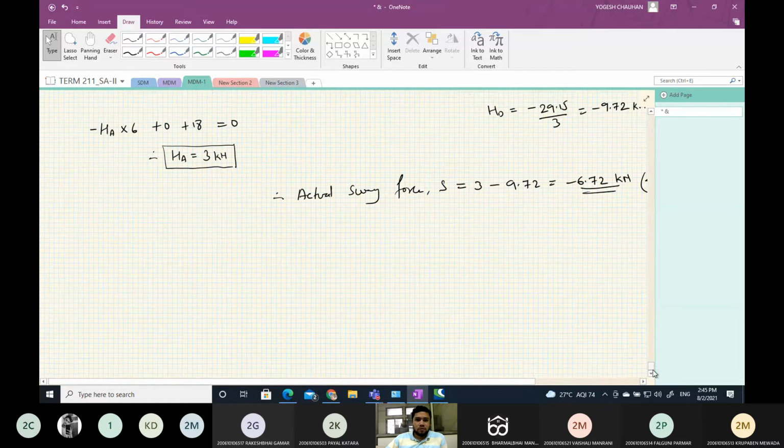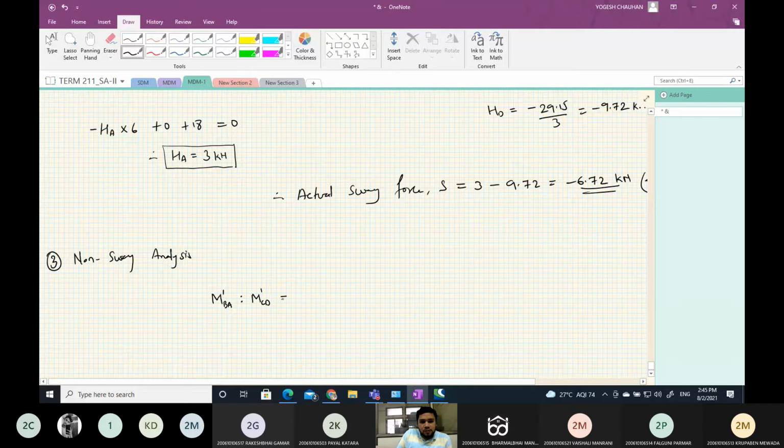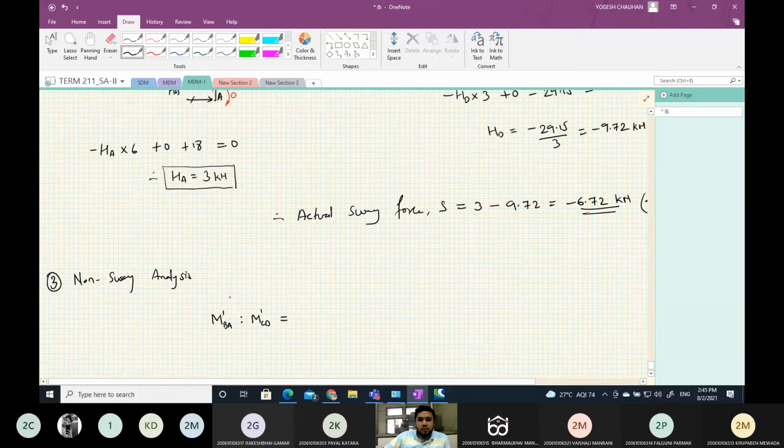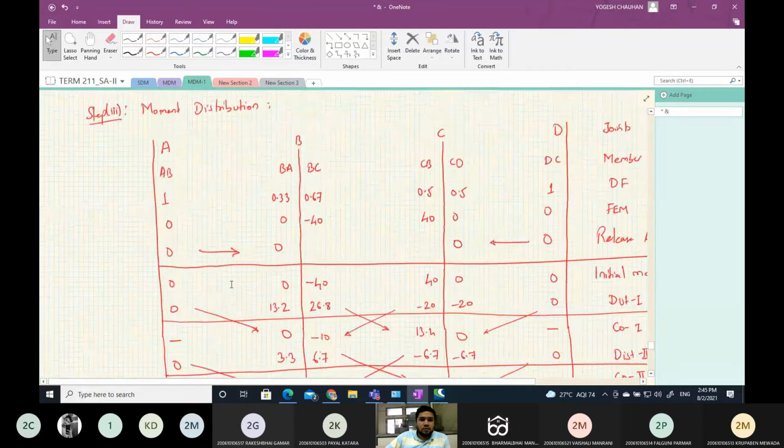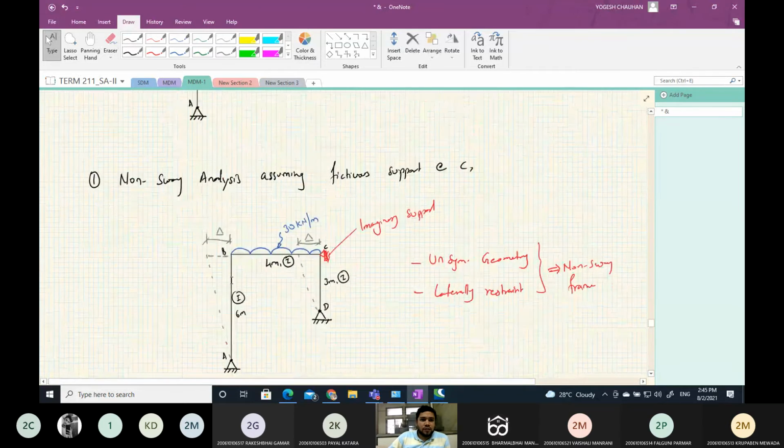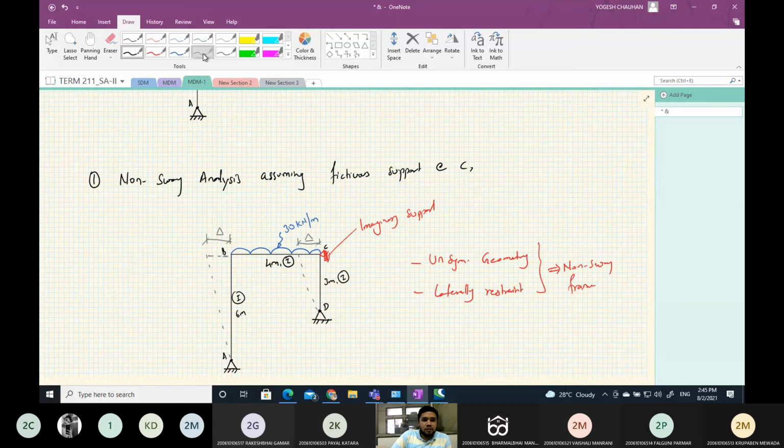Now the third step is to carry out sway analysis. Now for sway analysis, the ratio of moments M BA dash to M CD dash, means we are taking the ratios of the moments here.